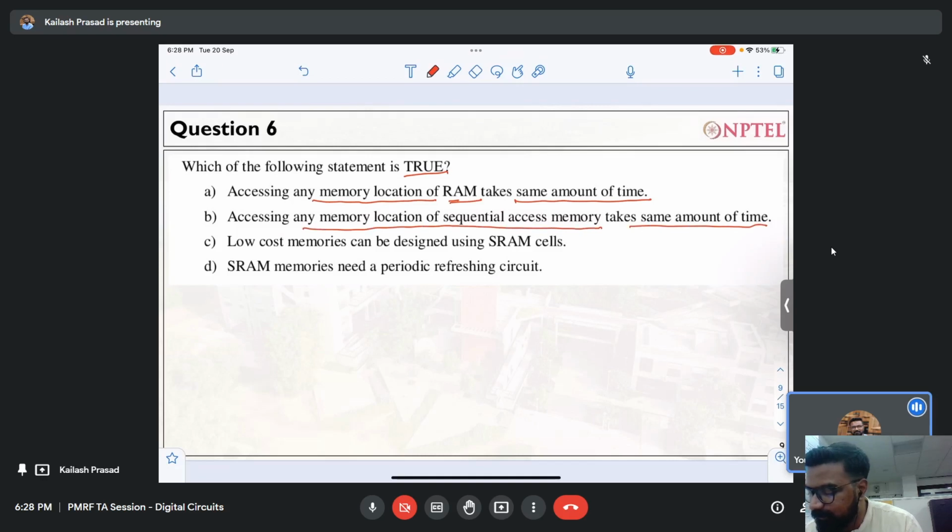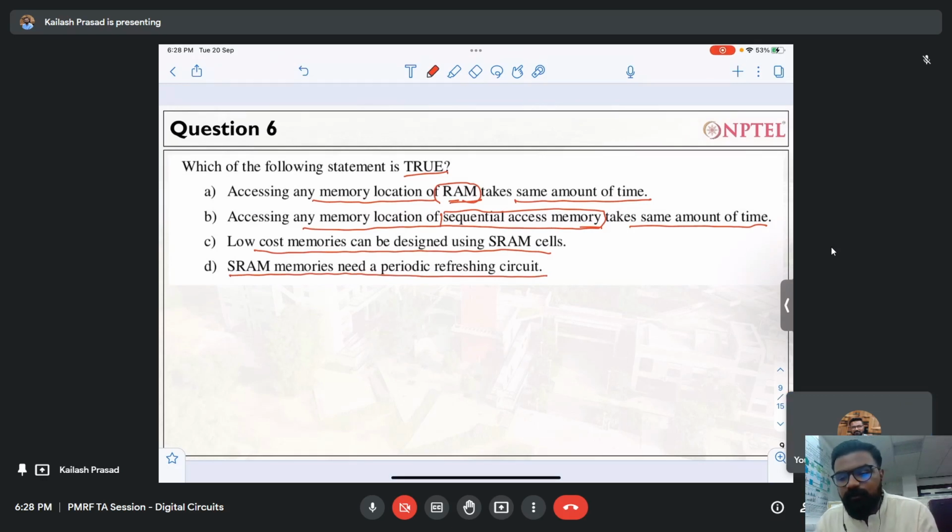Note that the first is random access memory, here it is sequential access memory. Third, low cost memories can be designed using SRAM cells. Fourth, SRAM memories need a periodic refreshing circuit. Anybody want to tell me which statement is true? A.